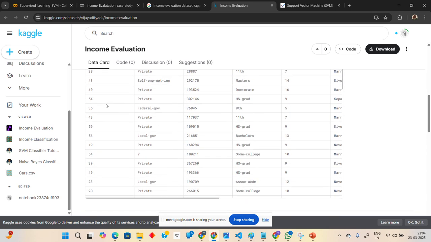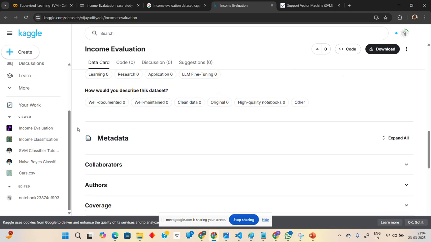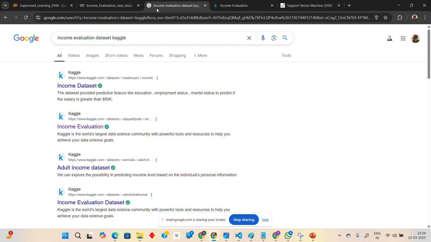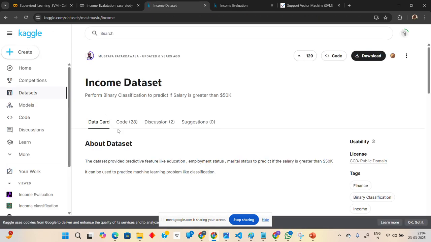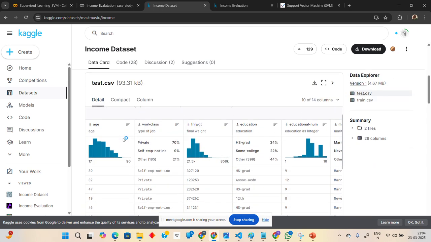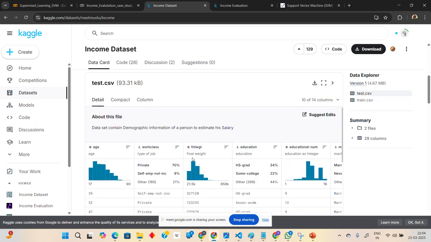Here you can see different values, but they did not provide very good explanations. So, one value is called final weight. FNLWGT means final weight.